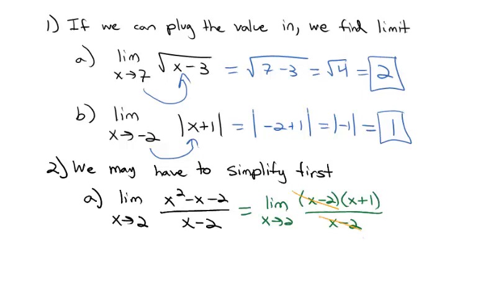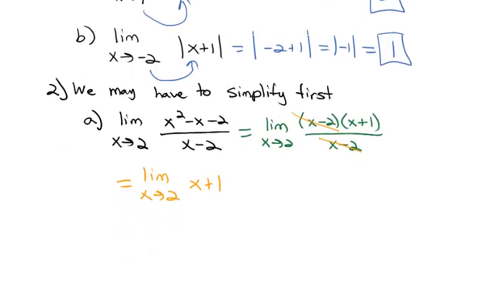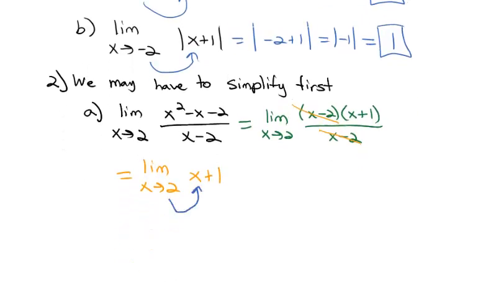And so you can see those x minus 2's divide out, and we're just left with the limit as x goes to 2 of x plus 1. Now, when we plug the 2 in, it is no longer undefined. We plug the 2 in and get 2 plus 1, which equals 3. And that agrees with the answer that we came up with earlier when we were just plugging values that were close to 2 into the function.